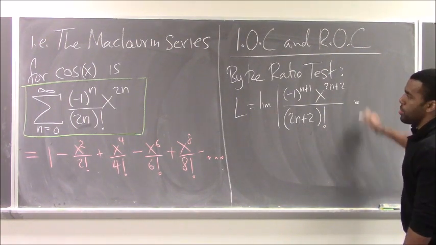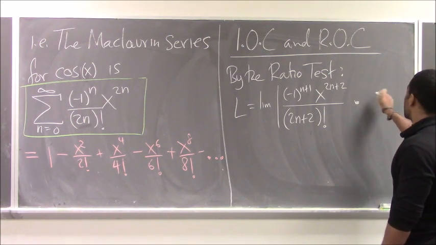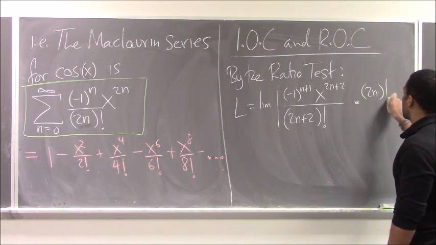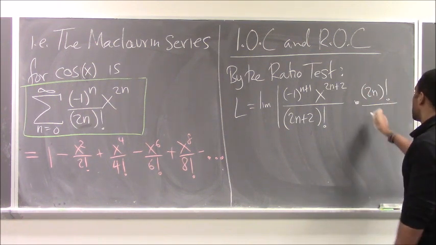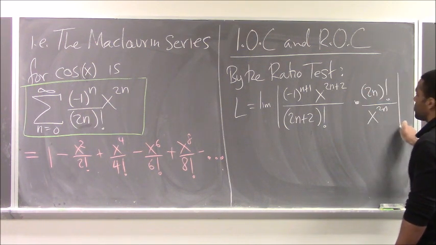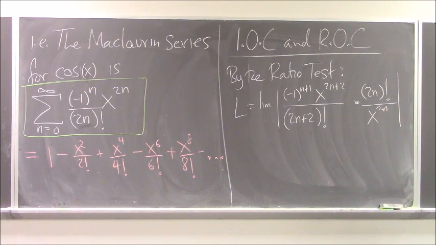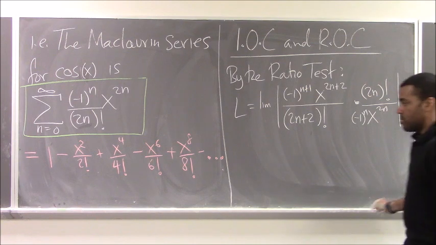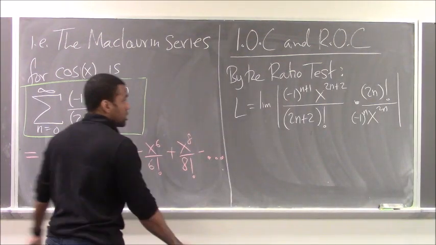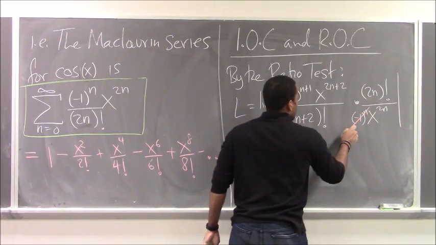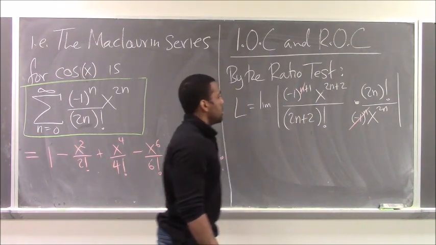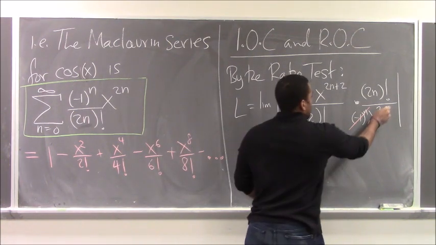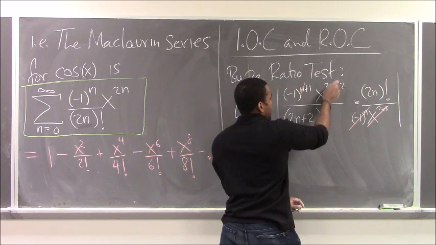Then I'm going to multiply by the reciprocal of that guy. So it's 2n factorial over x to the 2n, times the minus 1 to the n. Now, we can start canceling some things here. This goes into that. This guy will go into that part.